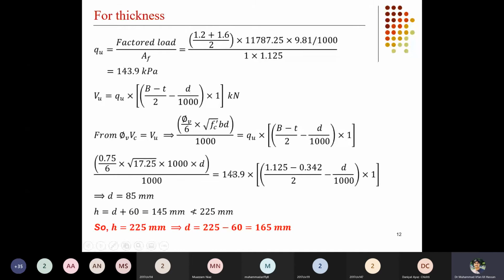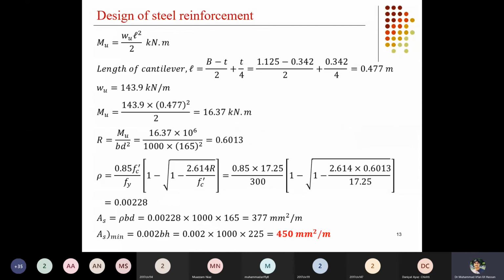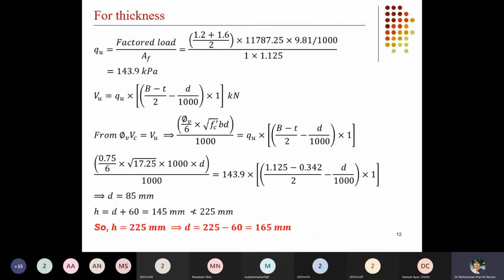So VU, you know, is QU into L by 2 minus D. Then you can compute the D value. D comes out very small, but the minimum thickness recommended for the RCC pad is 9 inch. So that footing is provided as 9 inches.